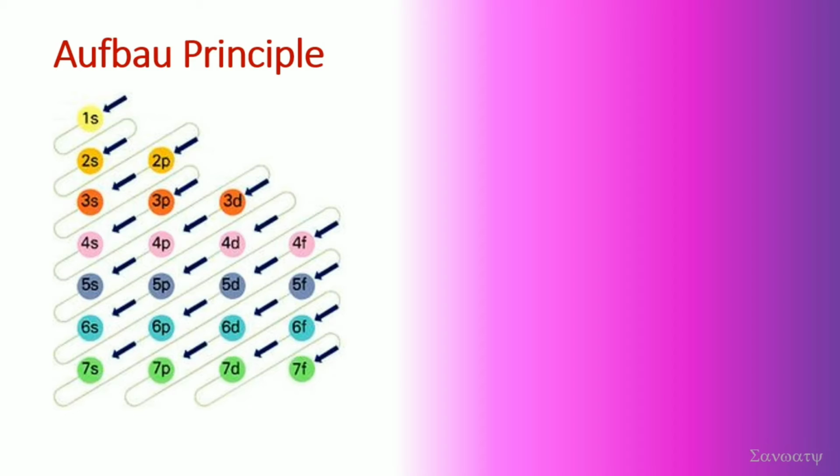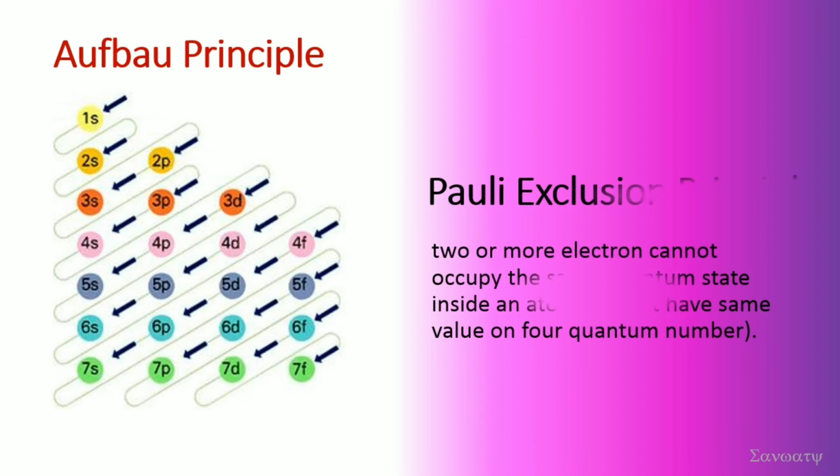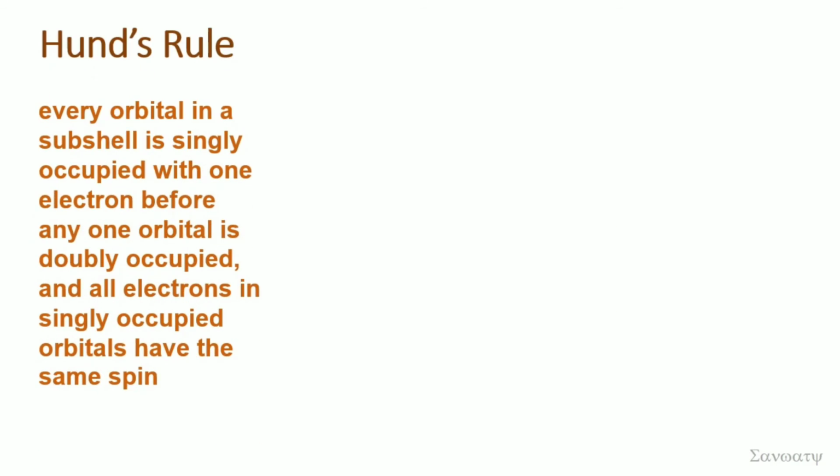The next principle used in the quantum mechanical model is the Pauli exclusion principle. It says that two or more electrons cannot occupy the same quantum state inside an atom, or in other words, they cannot have the same values of all 4 quantum numbers. The next rule is Hund's rule. It says that every orbital in a subshell is singly occupied with 1 electron before any one orbital is doubly occupied, and all electrons in singly occupied orbitals have the same spin.